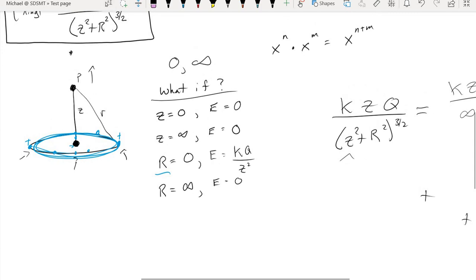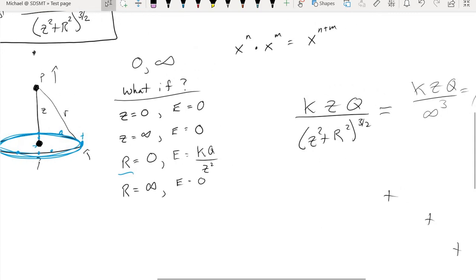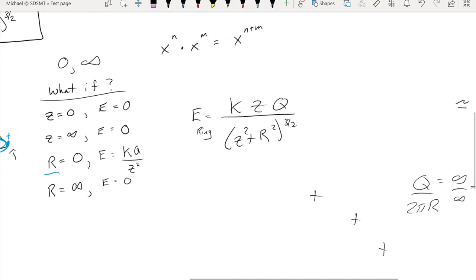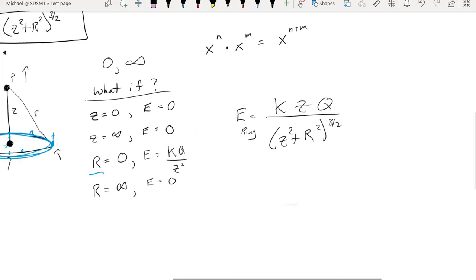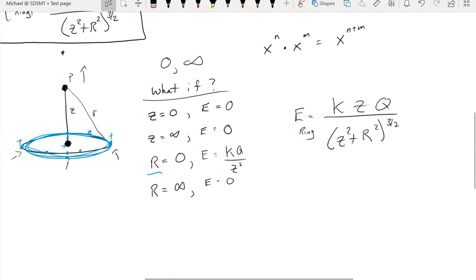So now that we have produced the equation that tells us what our electric field is going to look like for the ring, it is important to know the limitations of this distribution of charge. In this case, if I went to the center of the ring, then I didn't get any electric field that I could measure. If I go too far away, in either case, I don't get anything to measure.